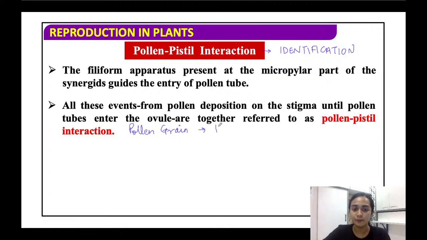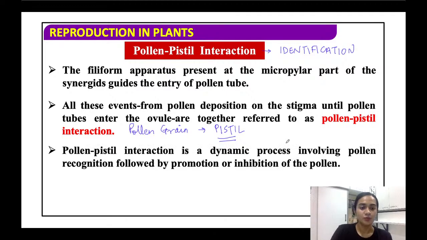Instead, it is the pistil that will first identify, and after identifying, decide if it matches, that is, if it accepts or rejects. It is a dynamic process followed by promotion or inhibition, that is, acceptance or rejection of the pollen grain.